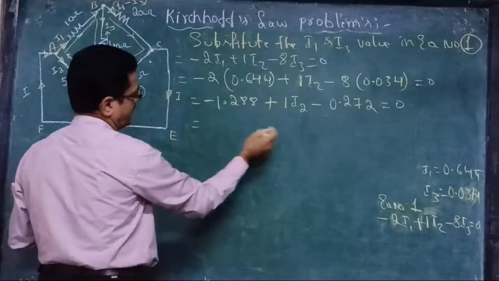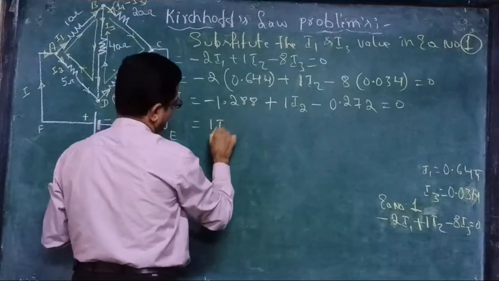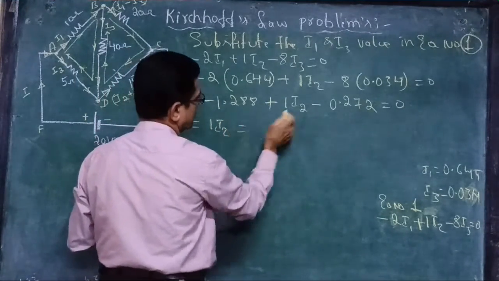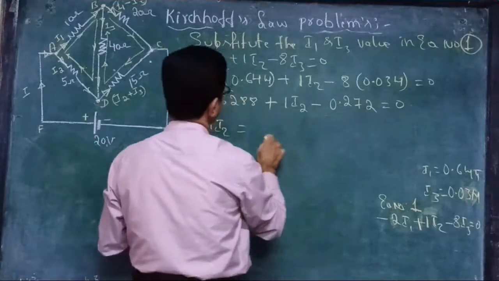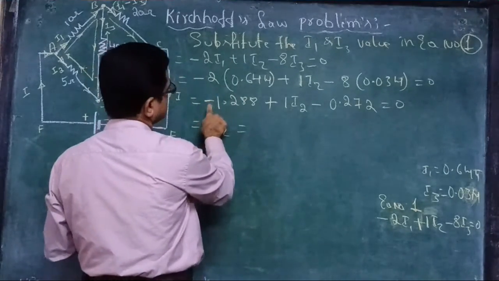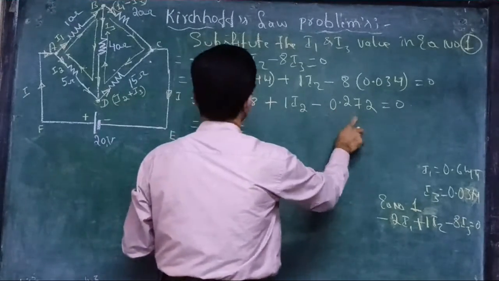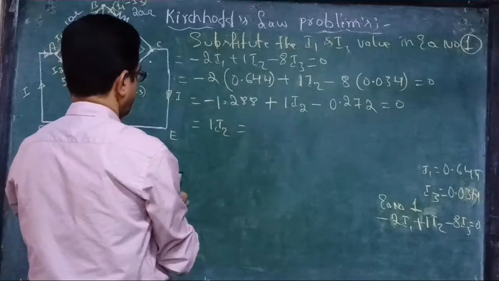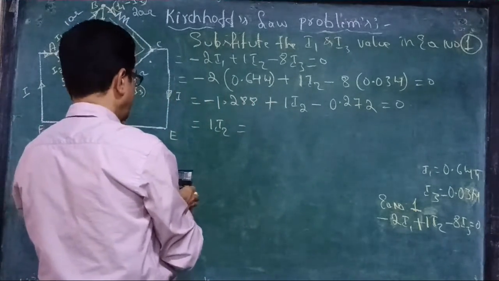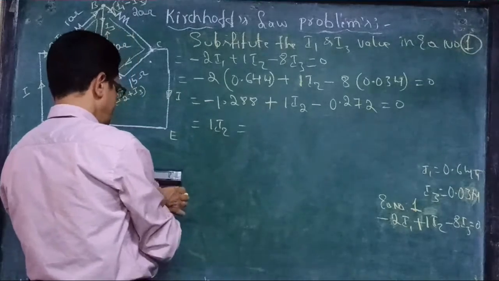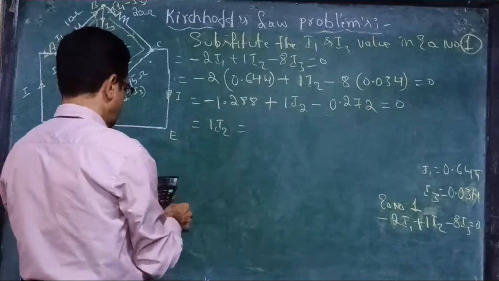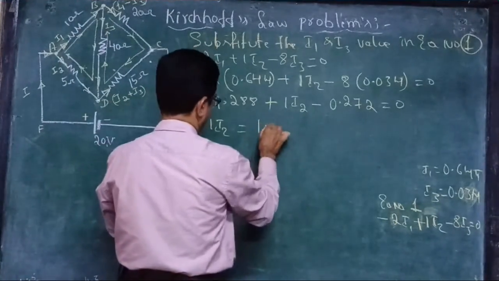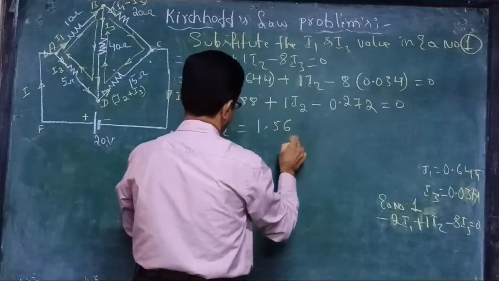Okay, so next here 1 I2 is equal to, this is also minus, this is also minus value, that means added together, plus 1.288, is equal to 1.56.